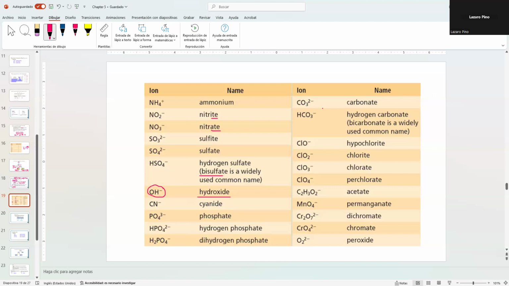And here we have one of the most important polyatomic anions, or cation in the case of ammonium. For example, ammonium is a cation. It's a polyatomic ion in general, when they are made of more than one type of atom, the cation or the anion.